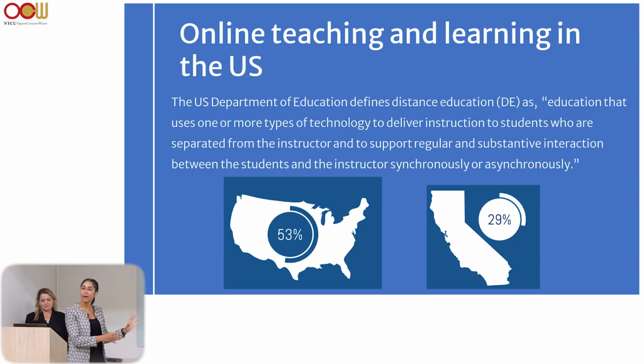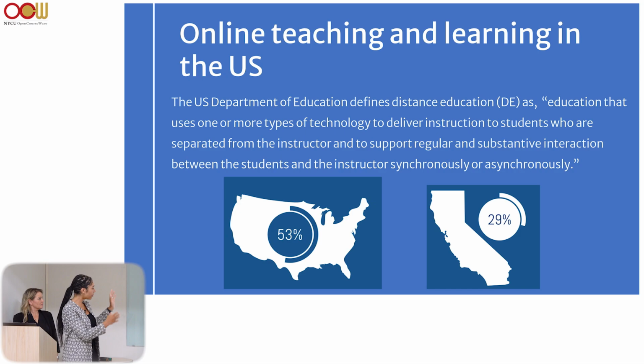So just quickly about the United States, about half, a little more than half of all university students in the United States will take at least one online or distance education course while they're in university.